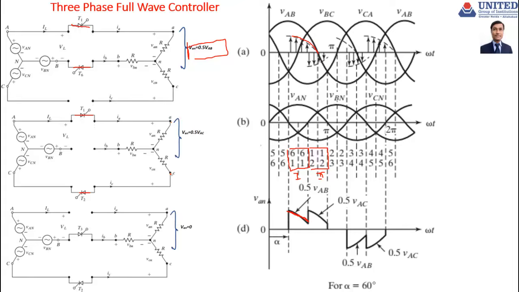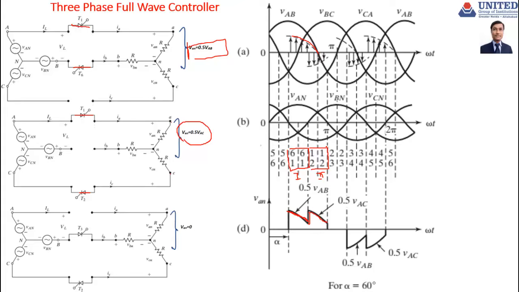So again, due to balanced and resistive load, the output voltage VAN will be equal to half of voltage AC. So we will draw the line voltage VAC of half amplitude during this interval. This waveform shows the half amplitude of voltage CA, and this voltage will be half of the AC voltage.